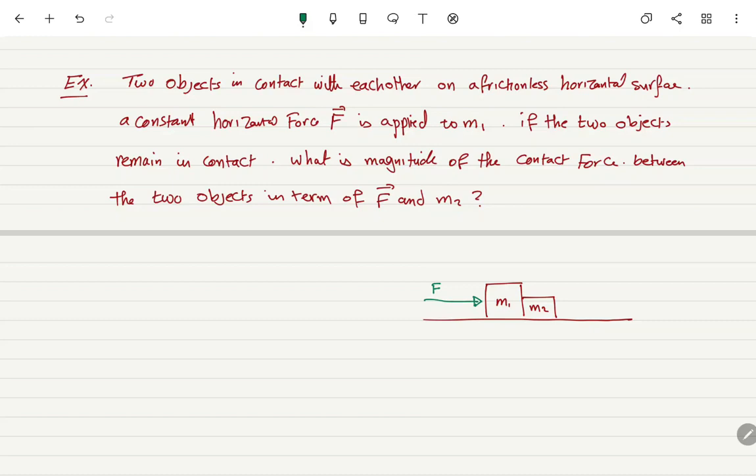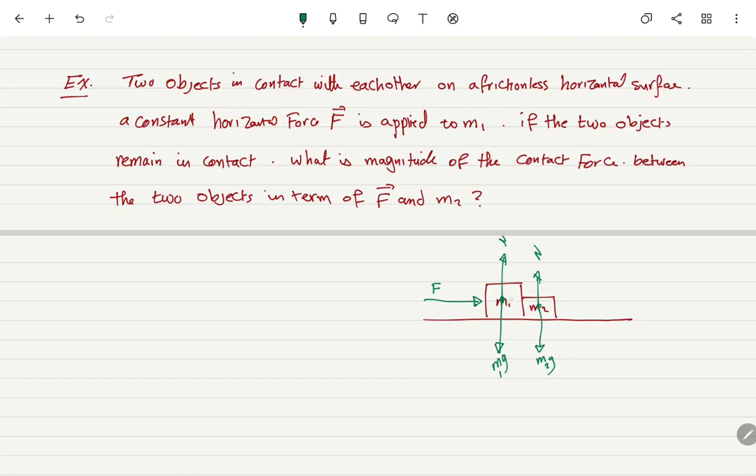So let's define the forces in this whole system. Let's agree that we have two systems, M1 and M2. On M1, there is a weight directed downward, m1g, and a normal force. On M2, there is m2g directed downward, and a normal force directed this way. Don't forget that there is contact between them.